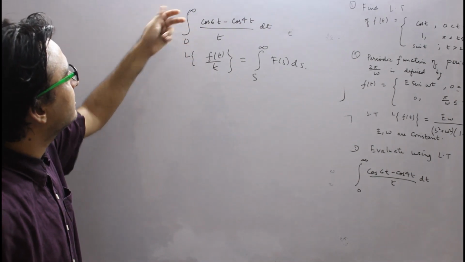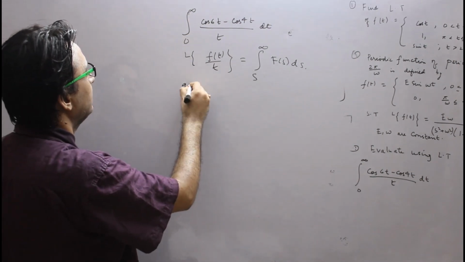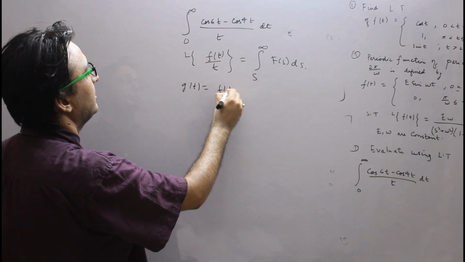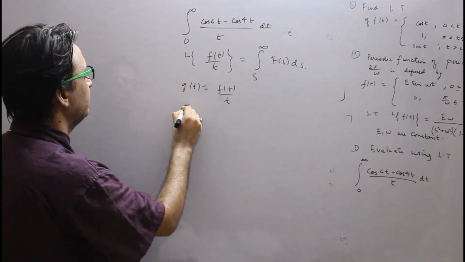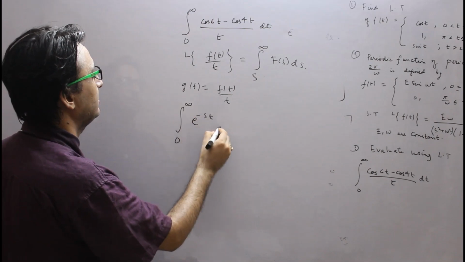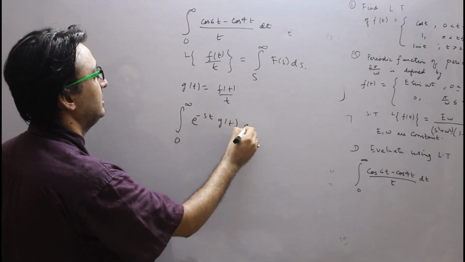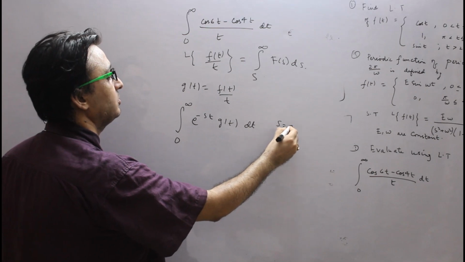This amounts to, say, if we write g of t is equal to f of t by t. So this is an integral 0 to infinity e to the power minus st g of t dt. All we have to do, we have to put s is equal to 0.